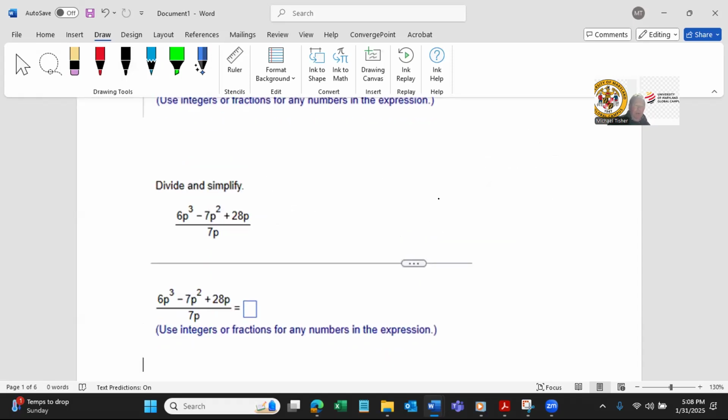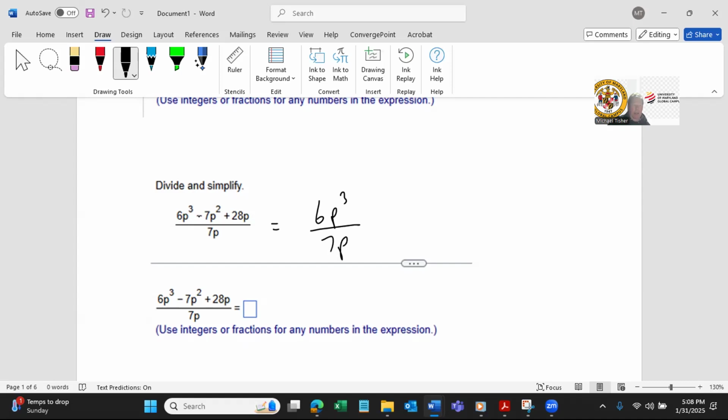Now we have another problem here that says 6p cubed minus 7p squared plus 28p all over 7p. So again, we just take each term in the numerator and put it over the denominator. So the first term is 6p cubed all over 7p.